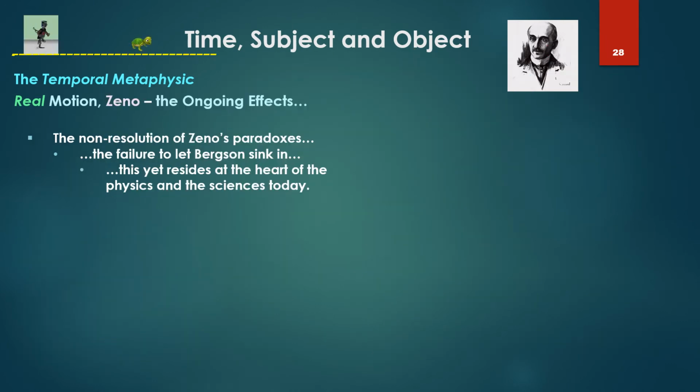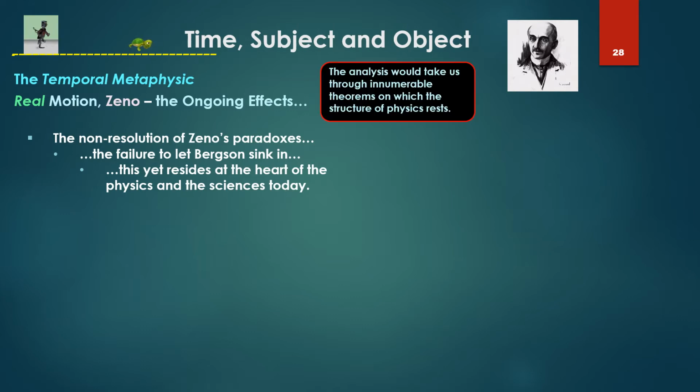The non-resolution of Zeno's paradoxes, the failure to let Bergson sink in, resides at the heart of physics and science today. Just to jump a look ahead here, this analysis would take us through innumerable theorems on which the structure of physics rests.